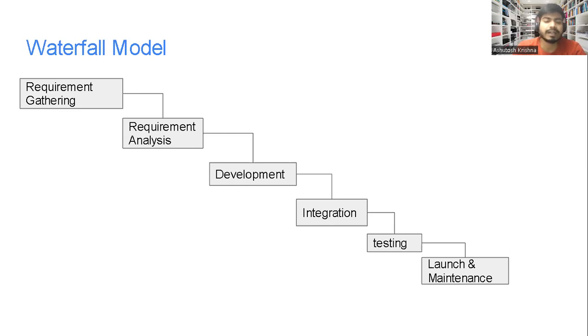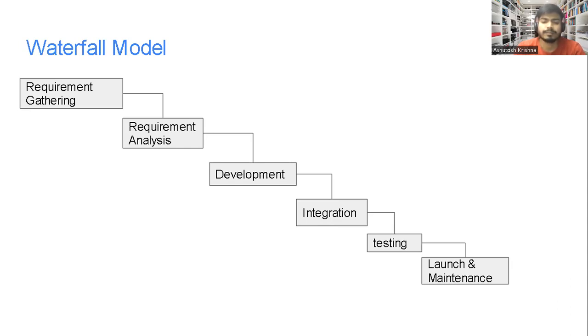After integration, when our software product is almost ready, we give it to the testing team so that testing can be performed and all the bugs which come up are detected and resolved.